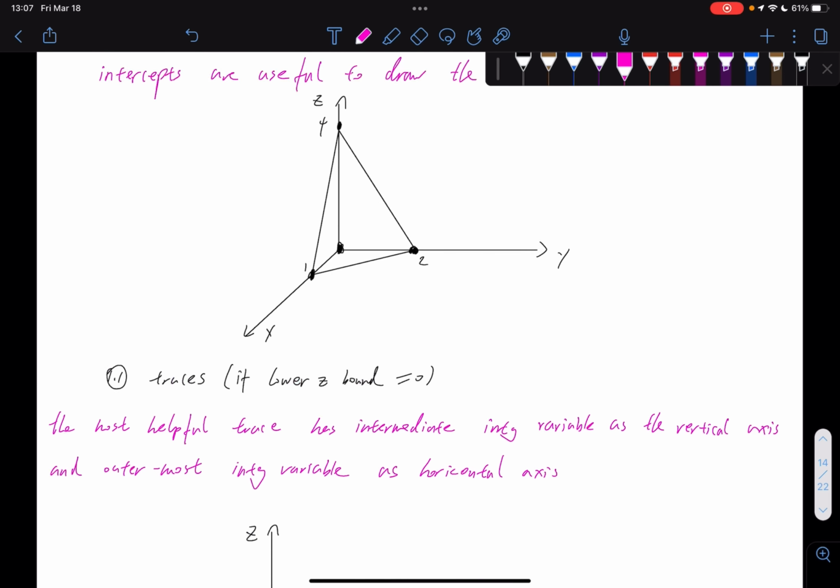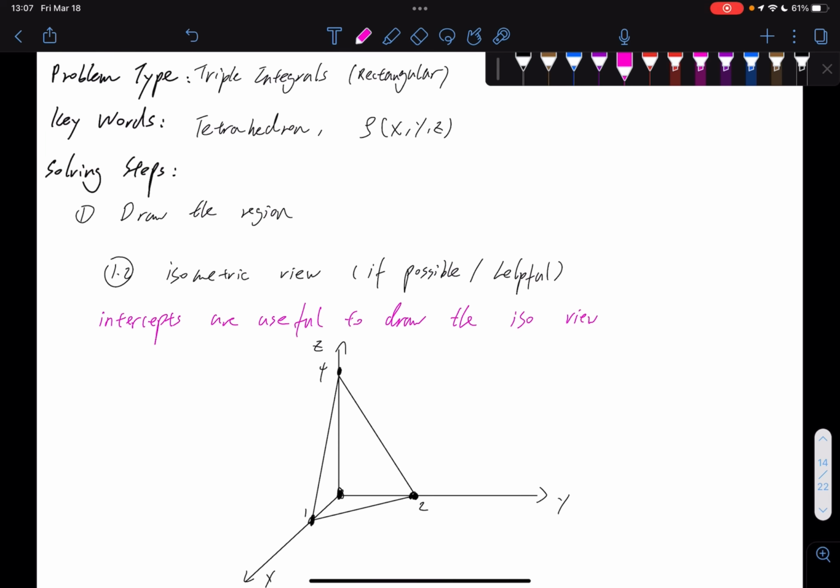How are we going to do that? Well, if you remember, all we need to define a plane is a vector and a point, and that vector has to be the normal vector of the plane. So how are we going to find the normal vector? To find the normal vector, we can use the cross product. What are the two vectors that we're going to cross?